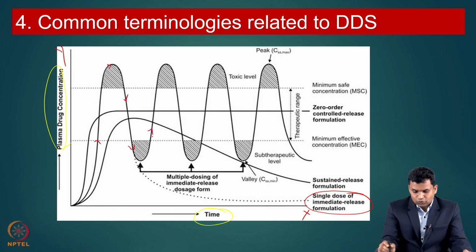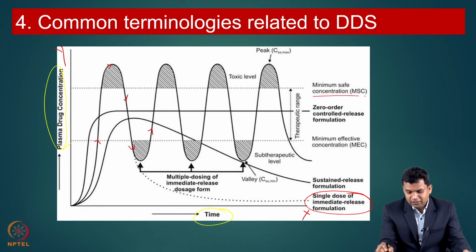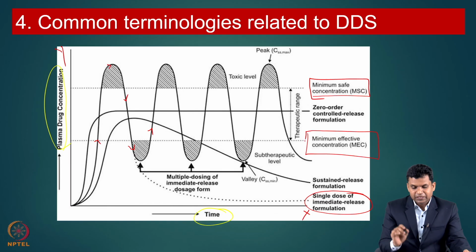We need to give the dose, and how it works, you can see with these lines. Here we need to understand a few factors: the minimum safe concentration and the minimum effective concentration. If your drug is to be effective, it should reach above this concentration.